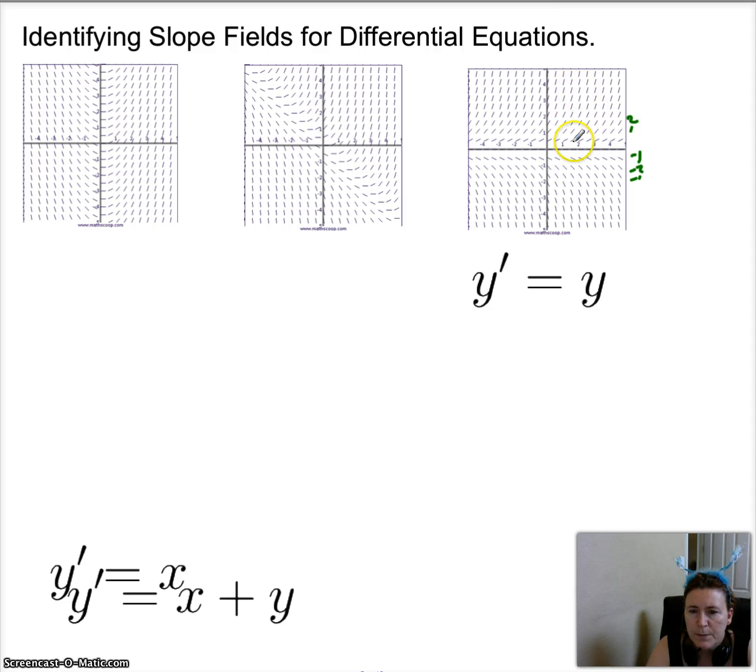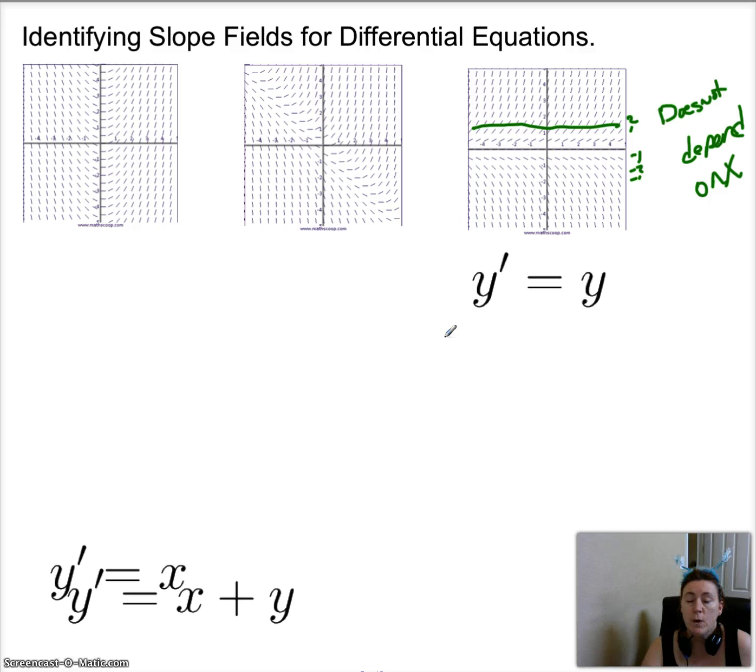Now, I want to point out that when y is a given number, the slopes are all the same. So this does not depend on x. And the only equation we had that didn't depend upon x was this one. So we have quite a bit of verification for this particular differential equation and graph.